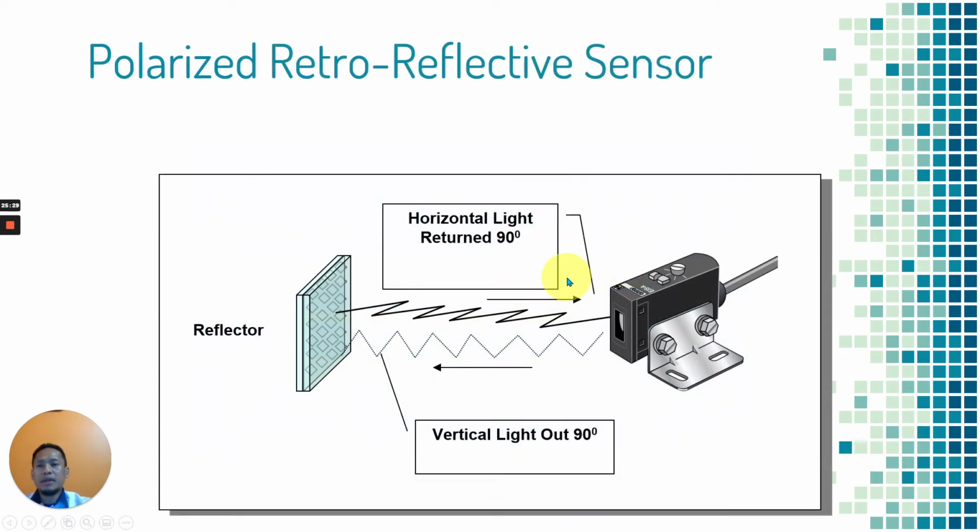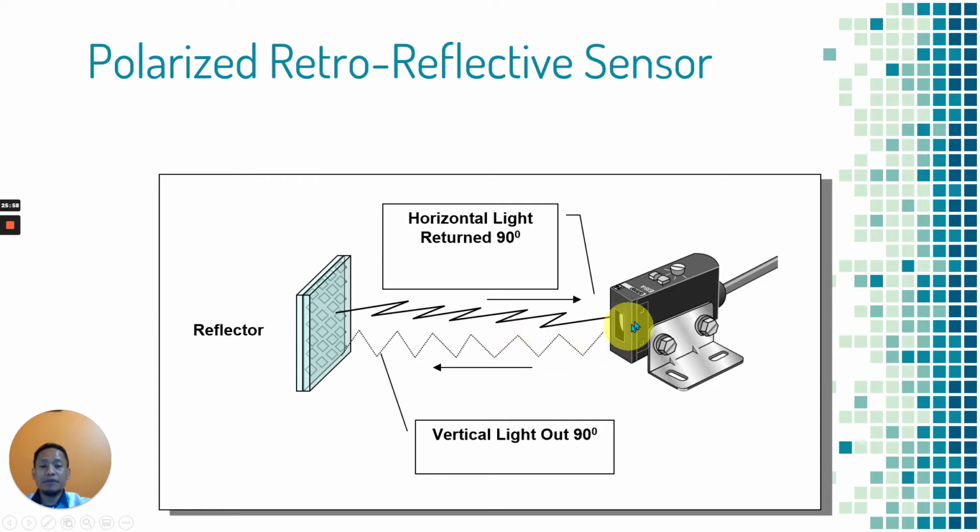For example, this polarized retroreflective sensor has been adjusted for 90 degrees, either horizontal or vertical. Compared with the previous normal true beam sensor, in the retroreflective sensor we can change the horizontal and vertical information.